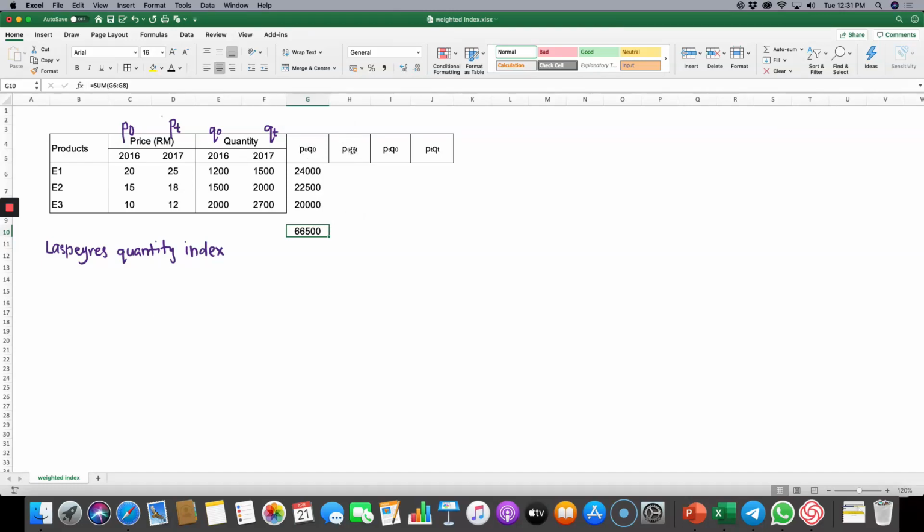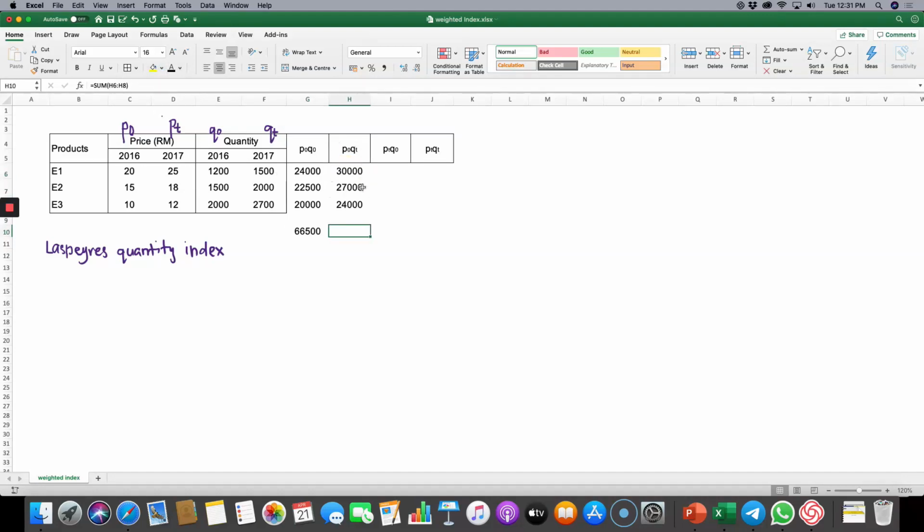The next column is P now times QT. This is your P now and this is your QT. The first product will be 20 times 1500. This is the value that you get. Find it for product E2 and E3.